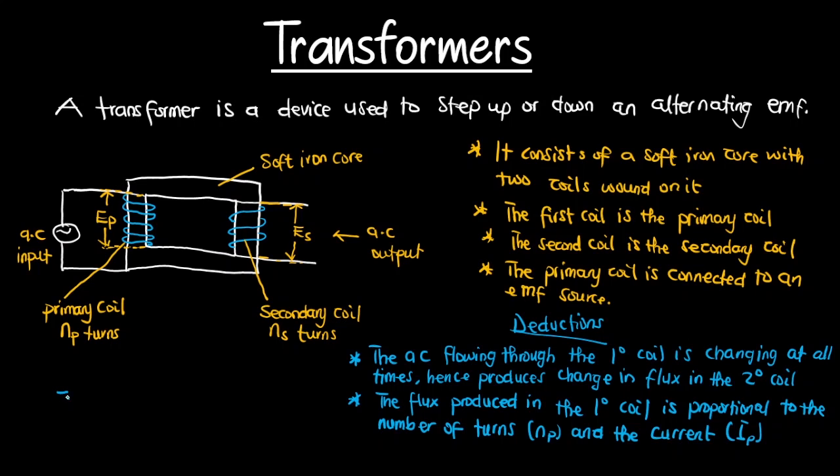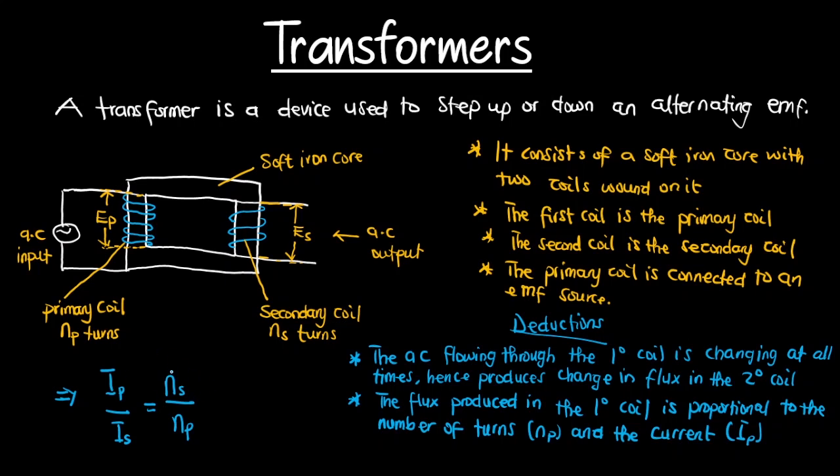We don't know whether they are directly proportional or inversely proportional, but let's look at it. So the relationship is the current flowing through the primary coil over the current flowing through the secondary coil is equal to the number of turns in the secondary coil over the number of turns in the primary coil.